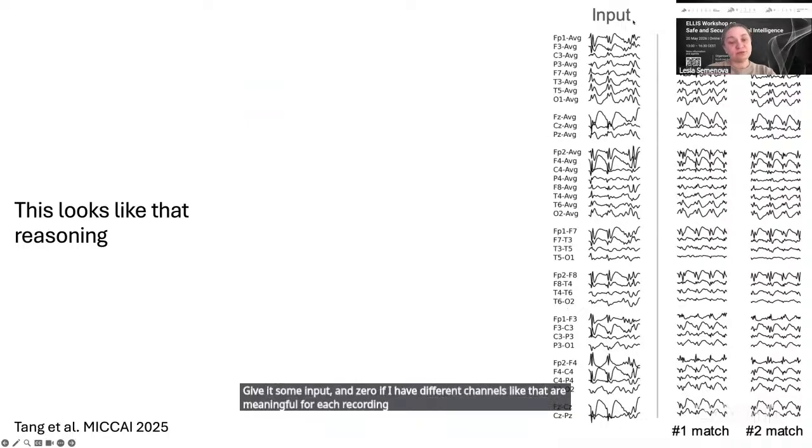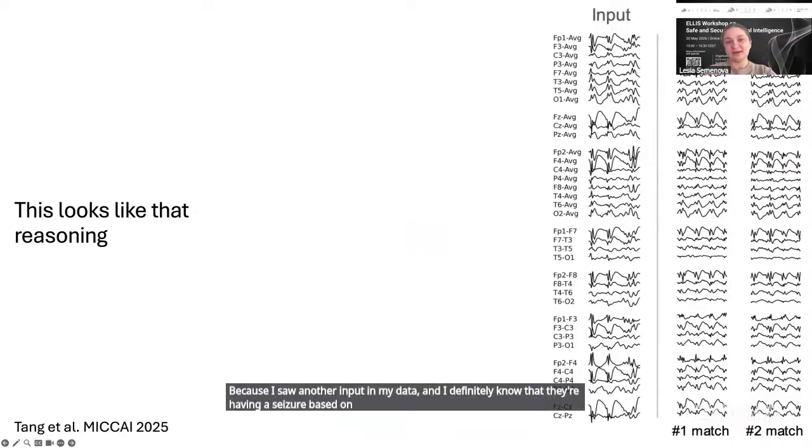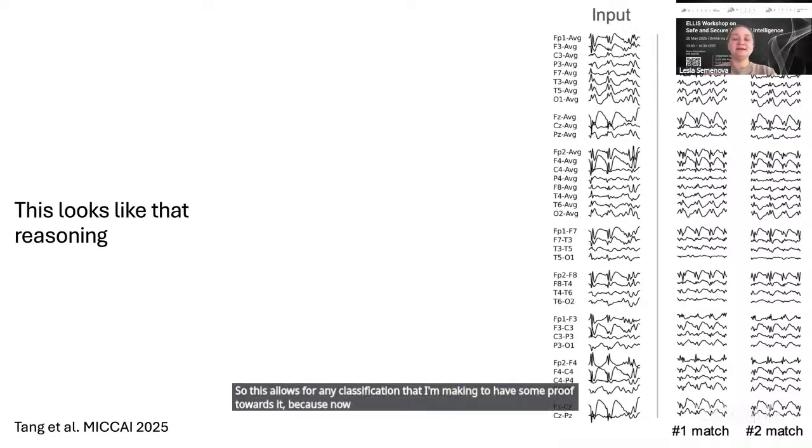Given some input, I want to find best matches in my datasets that have occurred before, so that I can say I have classified this input as having a seizure because I saw other inputs in my data, and I definitely know that they are having a seizure based on the labels my domain experts have provided me. This allows any classification I'm making to have some proof behind it, because now we know how the model makes a decision and what it relies on.